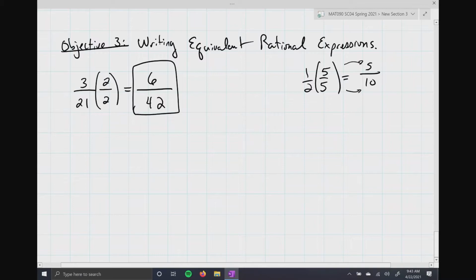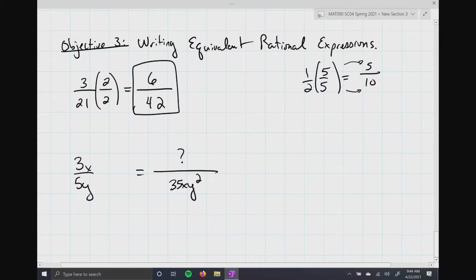Now, with numbers, I think it's kind of easy. But let's see what we can do here in terms of rational expressions. So here's a rational expression: 3x over 5y equals, now, I want to build an equivalent fraction so that my denominator is 35x times y squared.